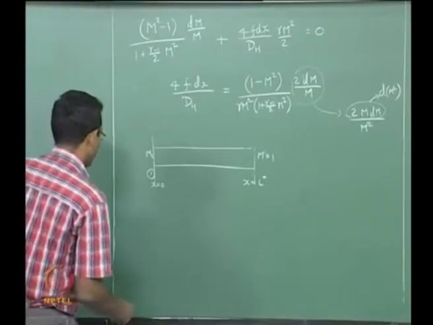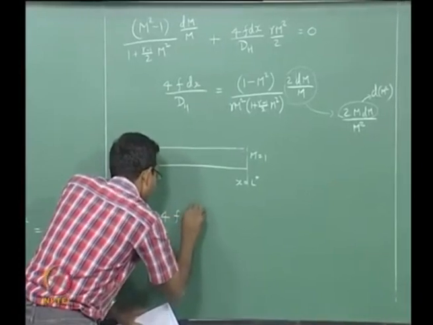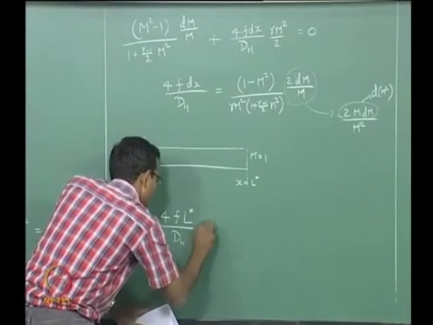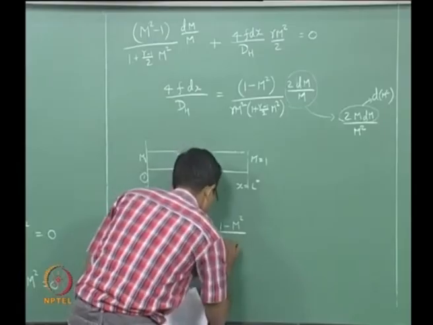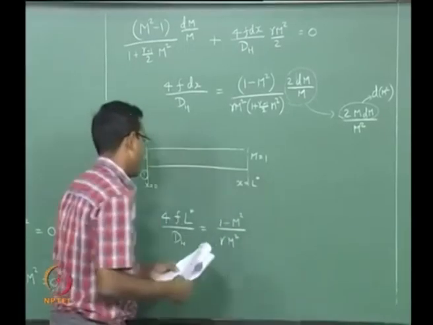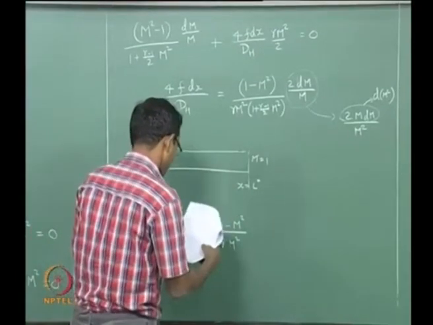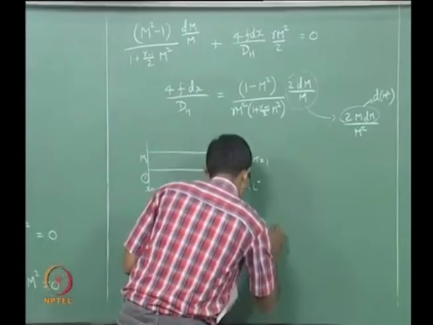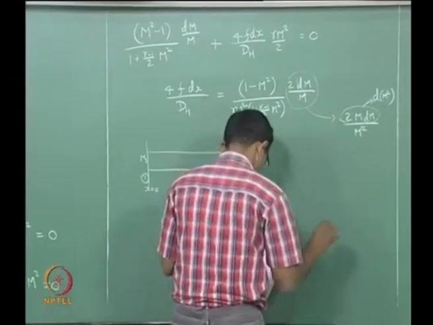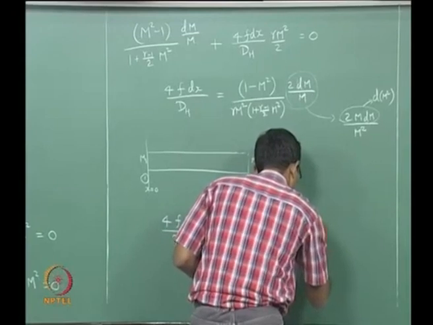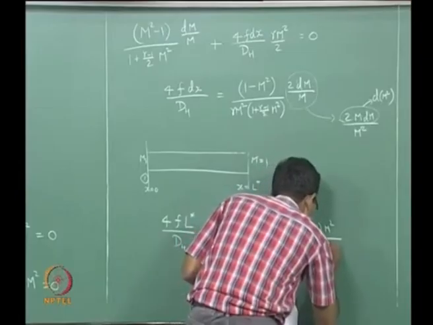So finally, if I do all this and integrate this and get a final expression, it is going to look like 4f L star by D_h is equal to (1 minus M square) by (gamma M square), I could write it as M1 square everywhere, I will just replace it with M here, plus (gamma plus 1) by (2 gamma) natural log of (gamma plus 1) M square divided by 2 times (1 plus (gamma minus 1) by 2 M square).